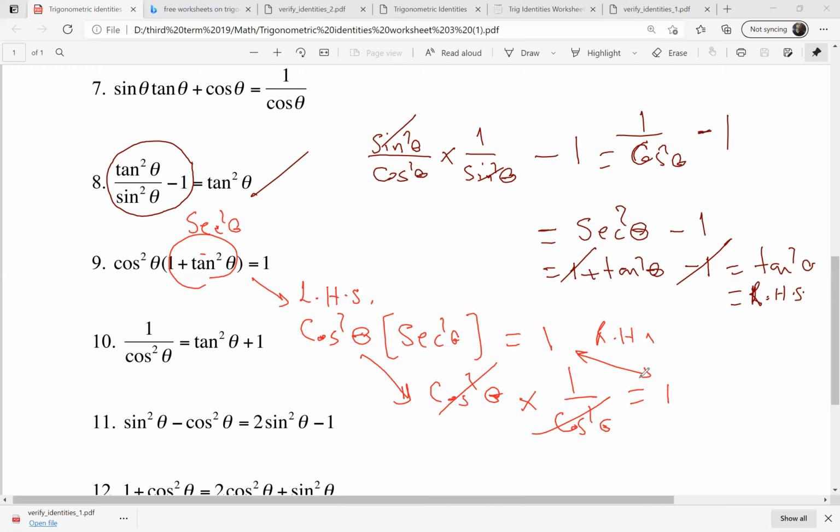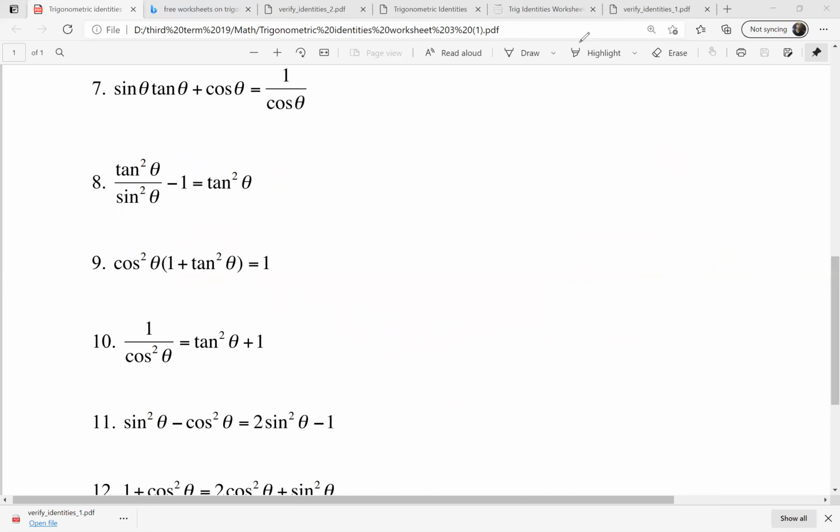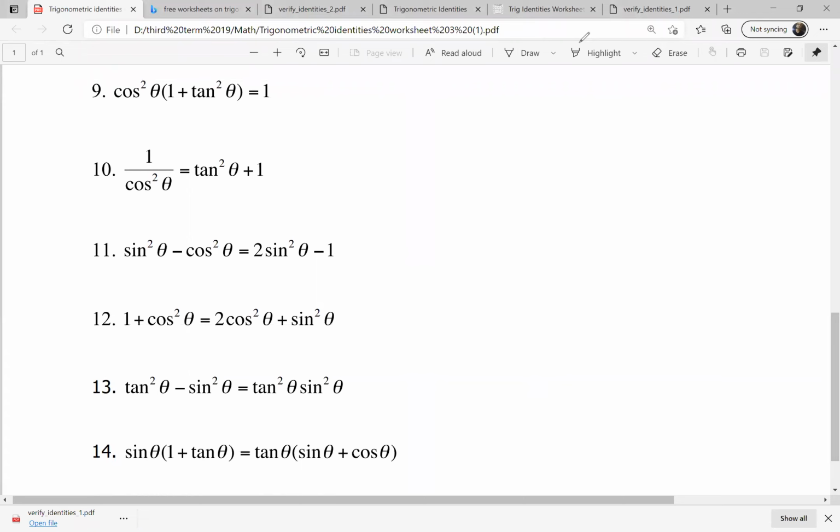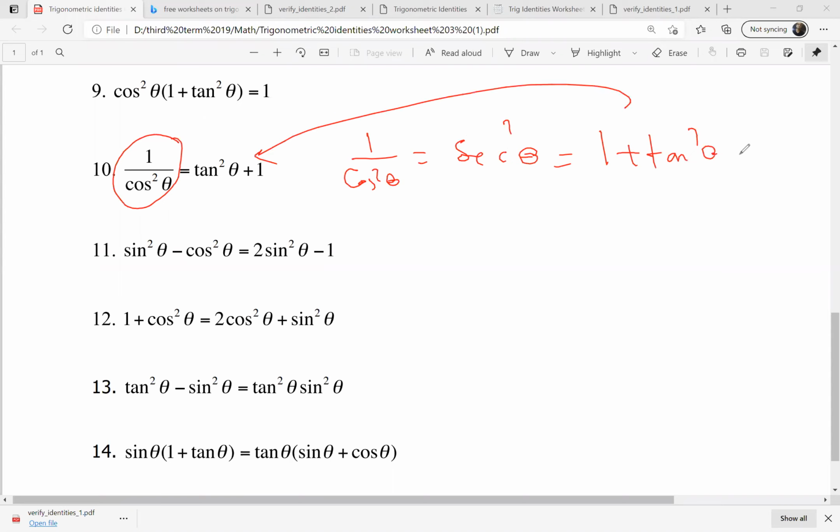Okay, another exercise. 1 over cosine power of 2 equals 1 plus tan squared. I think this is very easy, because 1 over cosine power of 2 theta equals sec squared theta. And you already have the formula of sec squared, which is 1 plus tan squared theta, which is the right hand side.